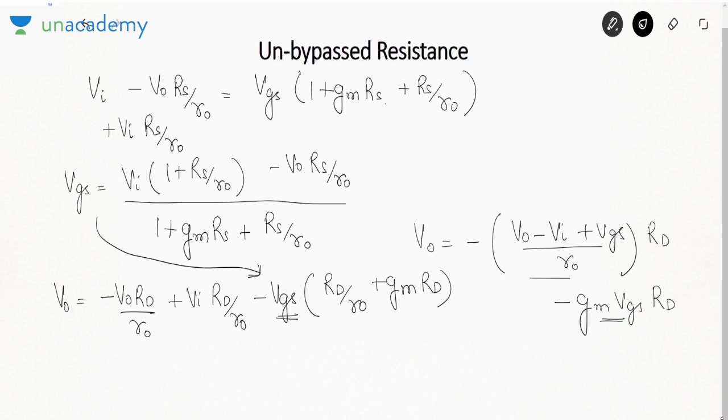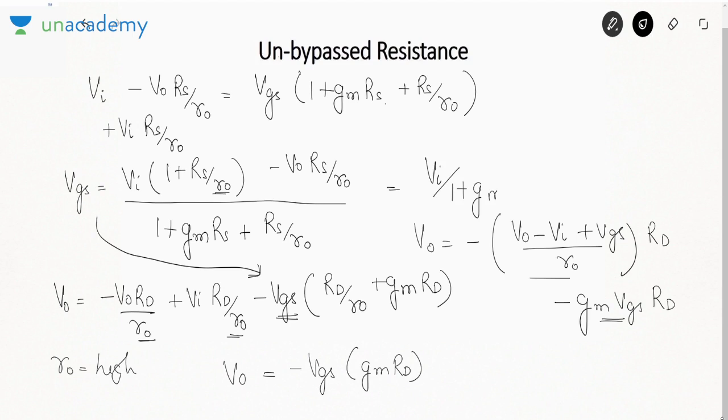So for approximation, I will assume R0 is high, so the terms containing 1 by R0 I will ignore. So I will say V0 is minus VGS into gm RD, where VGS will be Vi over 1 plus gm RS. So it is minus Vi over 1 plus gm RS into gm RD.